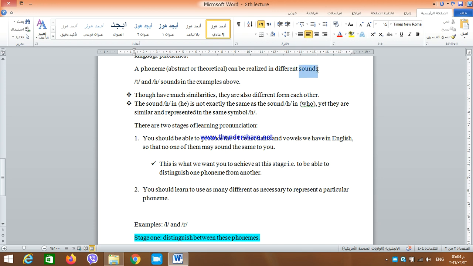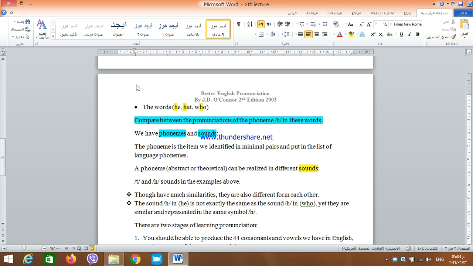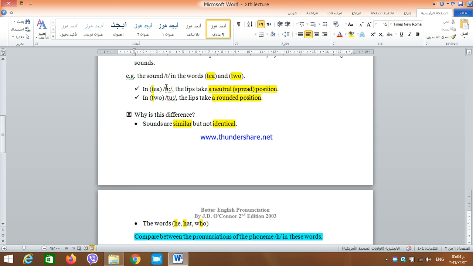Sounds are the actual realizations of phonemes. So we have the te phoneme in these two words, which can be realized in two different sounds. One with a spread position of the lips, another one with a rounded position of the lips.